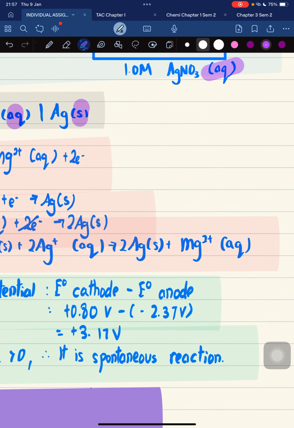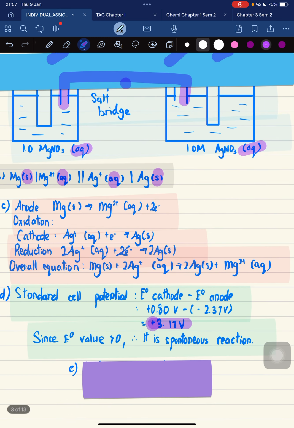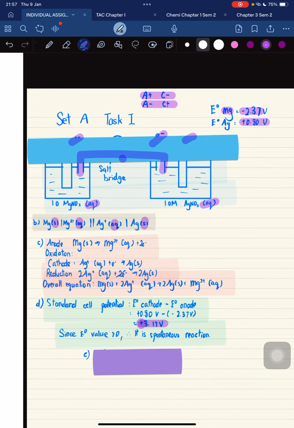So we just need to substitute those values in the formula, and we get positive 3.17. And don't forget to state the positive sign. Since the E naught value is greater than 0, it is a spontaneous reaction.